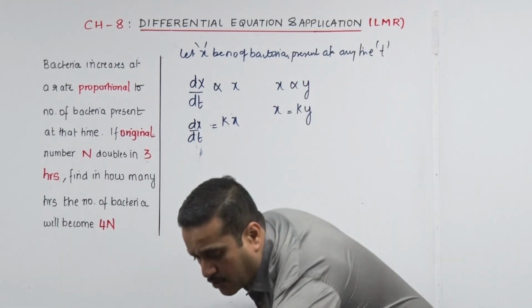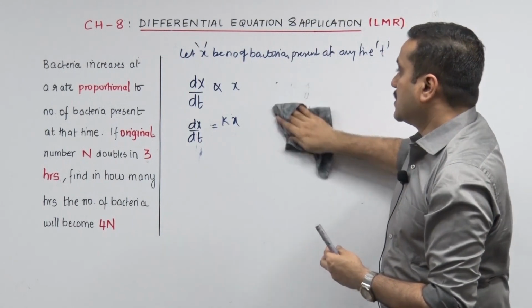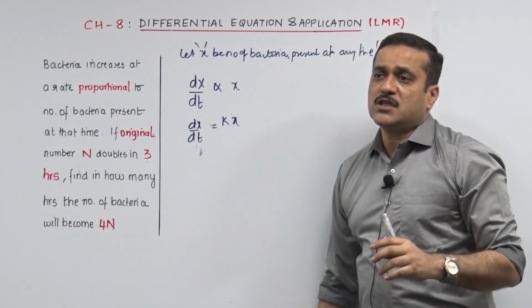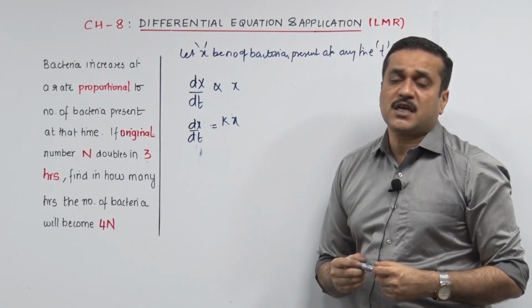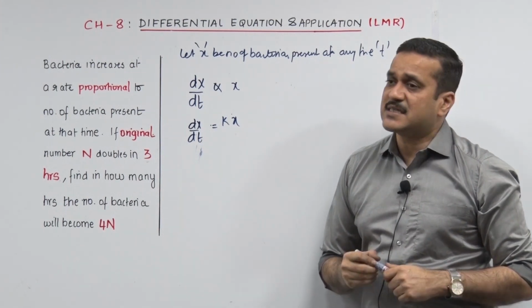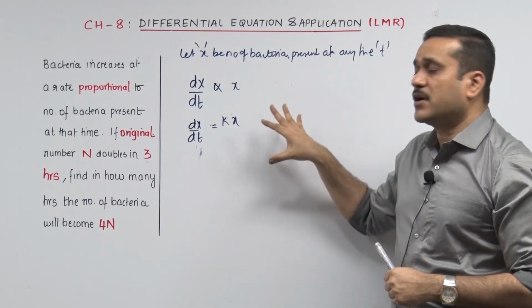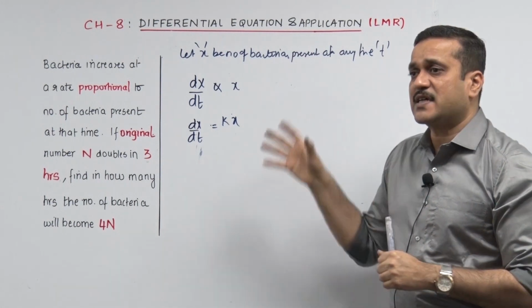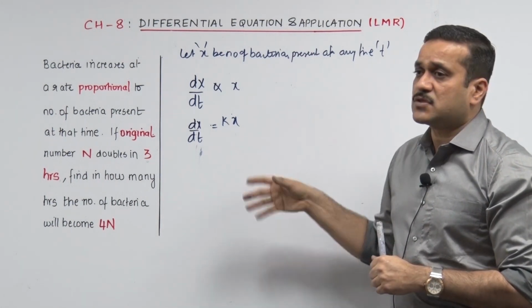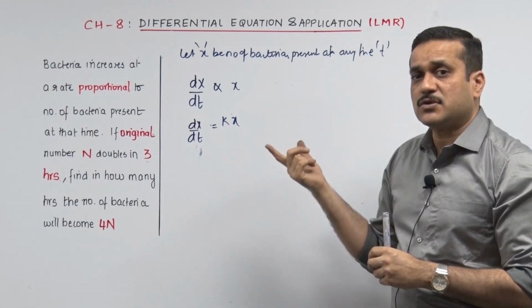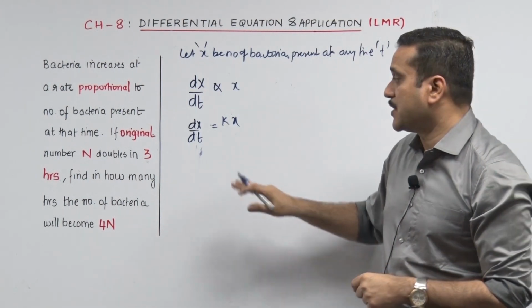Going ahead, my target is to reach an equation between the two variables x and t. Right now I have a differential equation, dx by dt and x, so somehow I need to get back to the solution. We need to use the variable separation method.